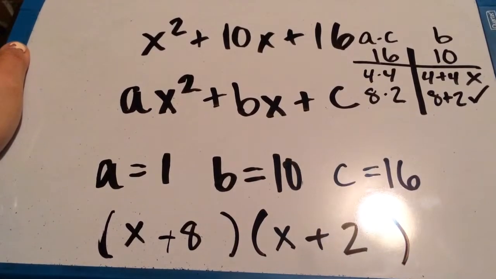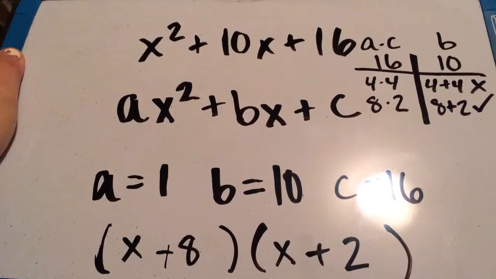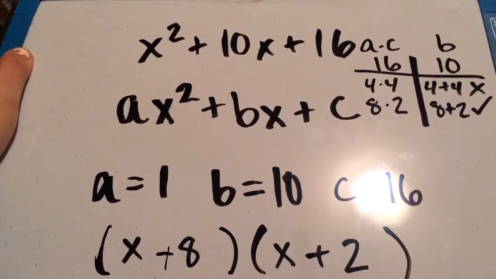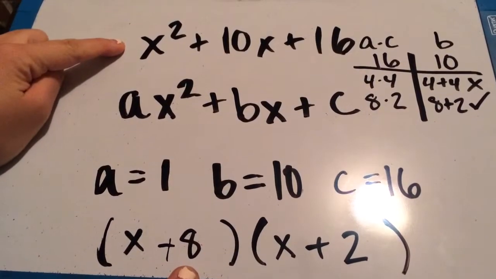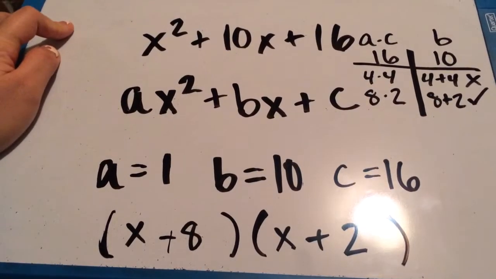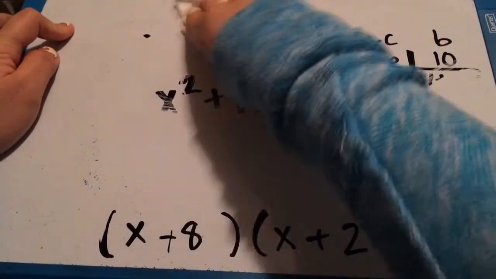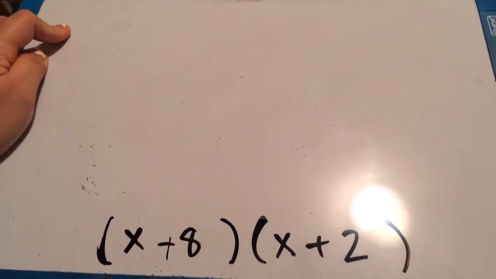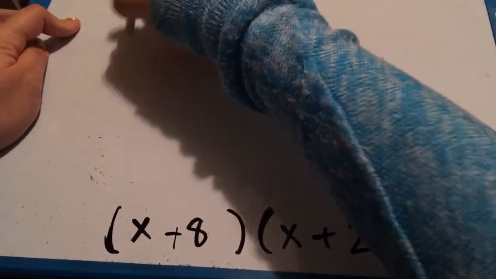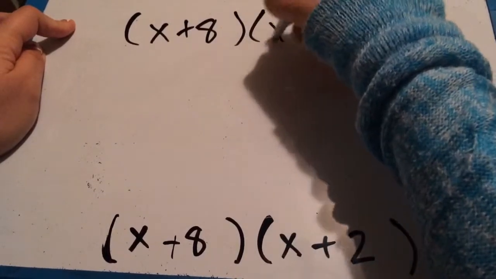And in my last video I showed you guys how to FOIL, so we can actually check this to see if it is the correct factorization of this trinomial. So let's do that real quick. Let me rewrite this up here. We have x plus 8 and x plus 2.